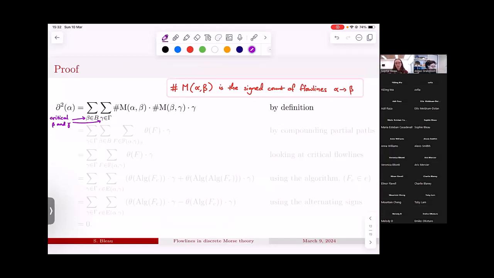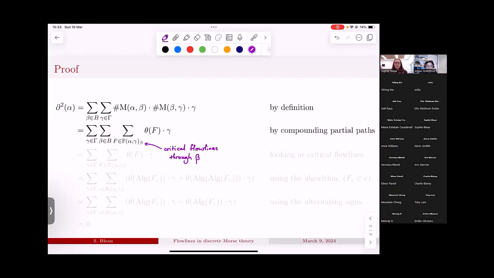Basically, what that's saying is take all the positive ones, subtract all the negative ones, and that's your number of flow lines. But there's kind of something we don't need to do there. We could just say, take all the critical flow lines through beta and sum up all of their signs.